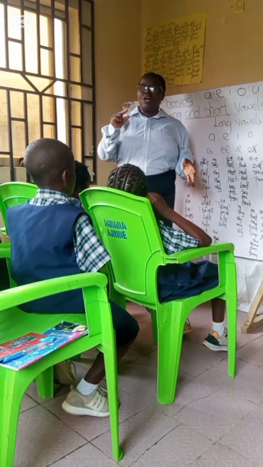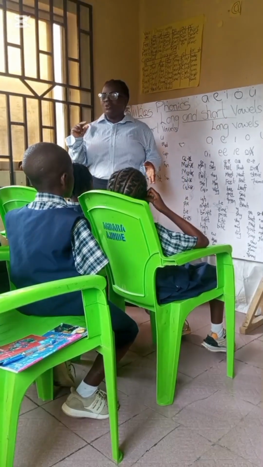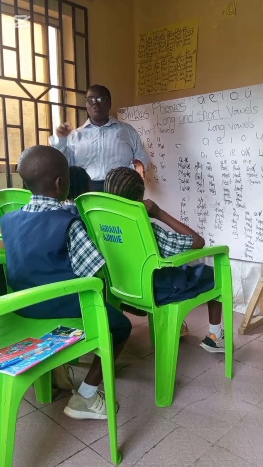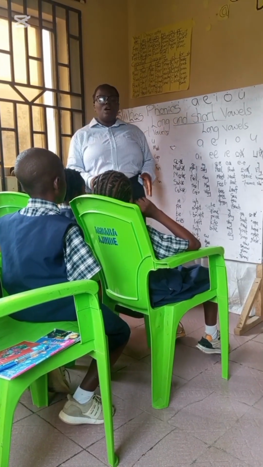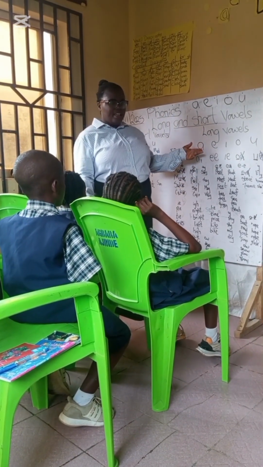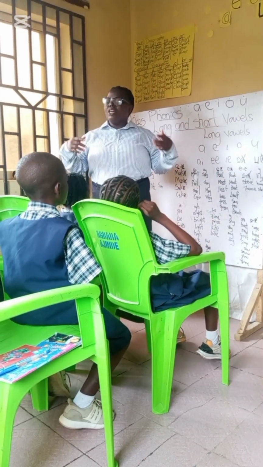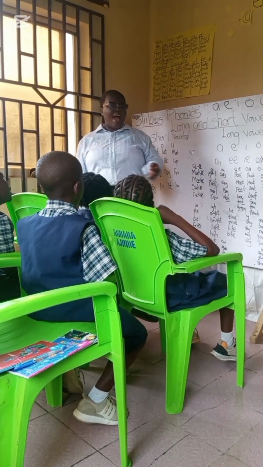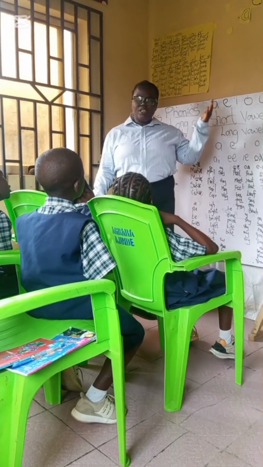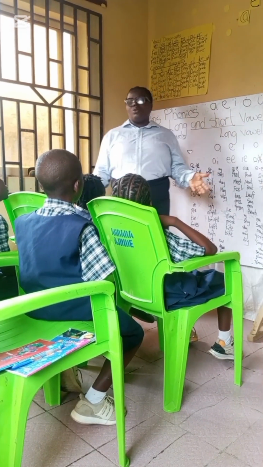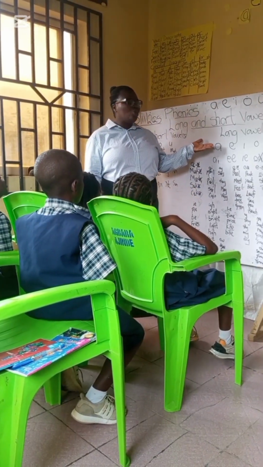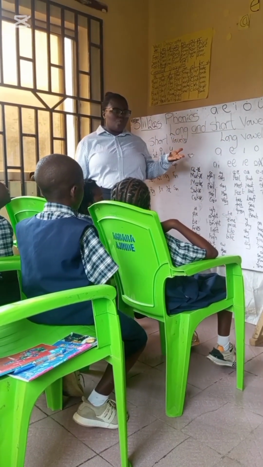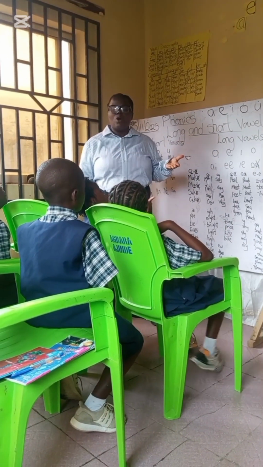In most cases, when you have a single vowel in a word, it's going to take the vowel sound, which is the short vowel. While your long vowels are A, E, I, O, U. And I said whenever you have two vowels in a word, it's going to take the name of the first vowel while the second vowel is silent.